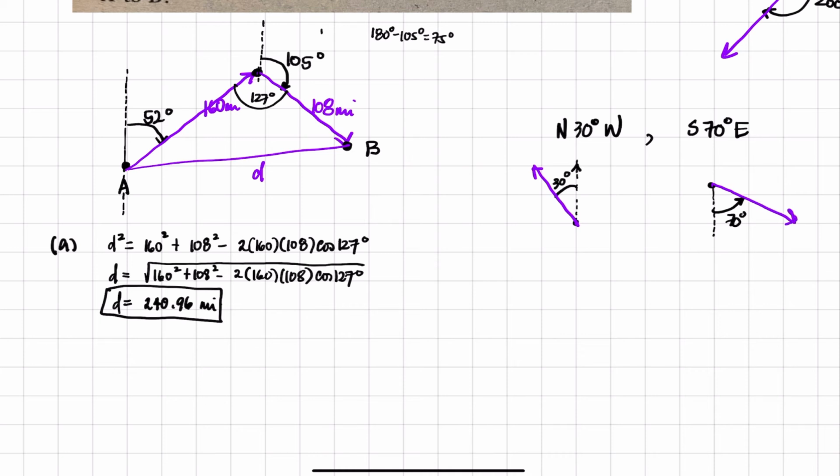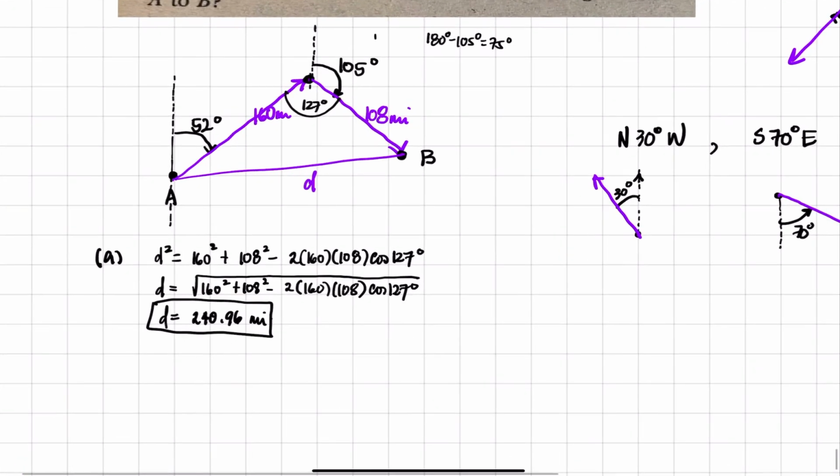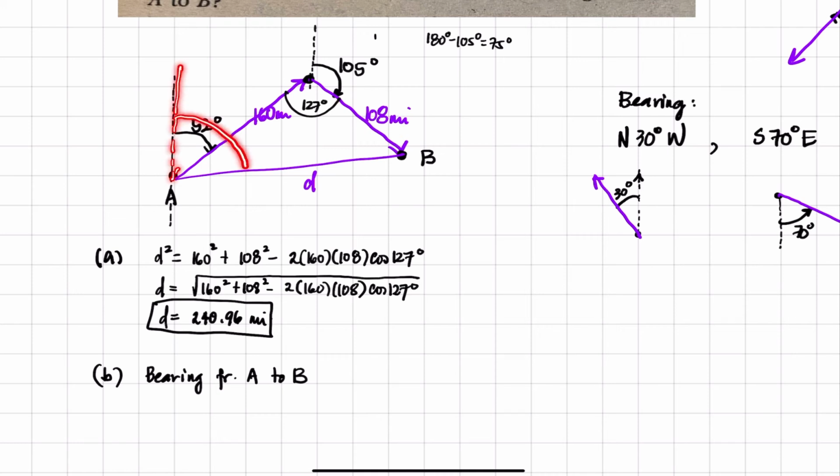So, dito, hinahanap mo yung bearing from A to B. So, from A to B, magta-travel ka ng north, tapos mag-i-east ka by some angle, no?